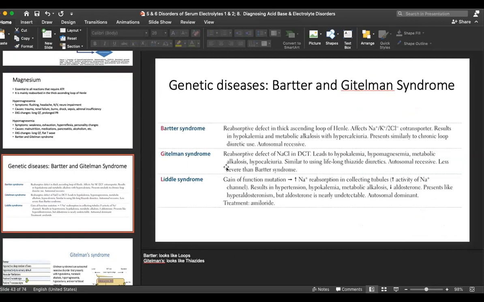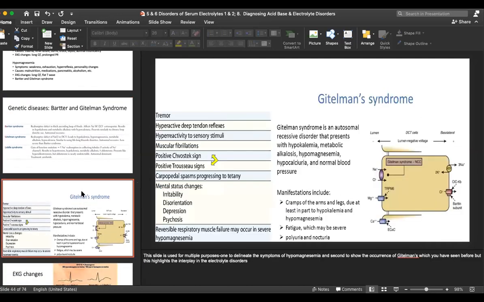Liddle looks sort of more like, I don't really want to say the potassium sparing because we have hypokalemia. It's like if you didn't have that or didn't take it. Okay.